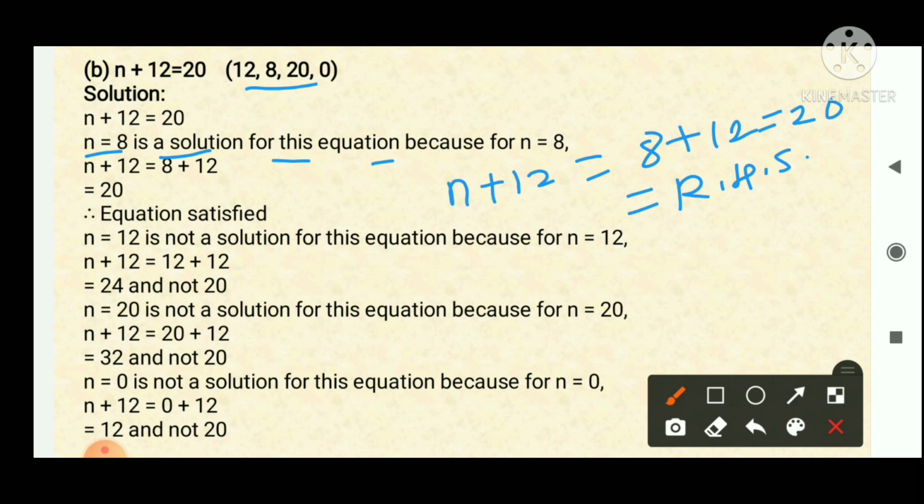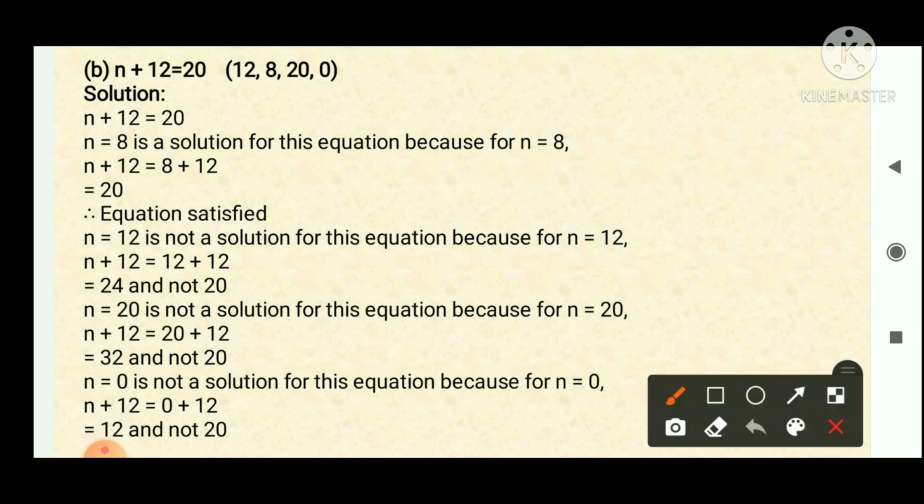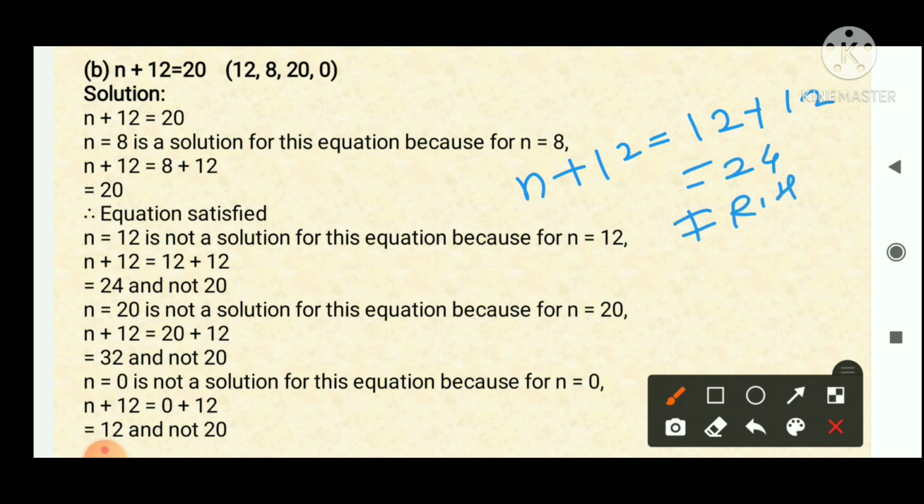Now we will take the value of variable n is equal to 12. So here n plus 12 is equal to 12 plus 12 is equal to 24, which is not equal to the right hand side. So here the equation is not satisfied. So n is equal to 12 is not a solution of this equation.